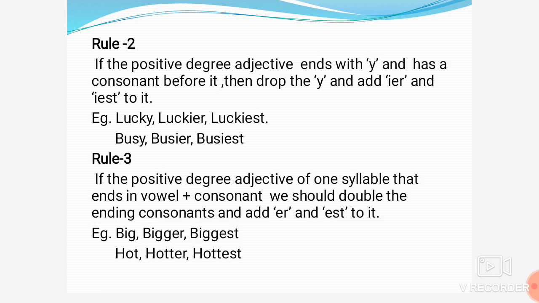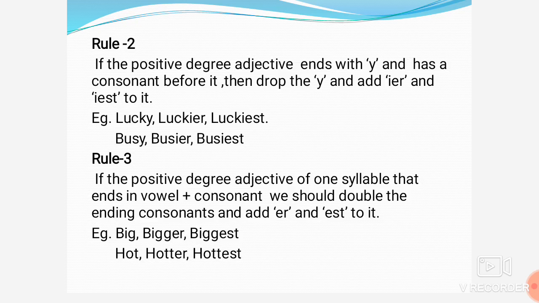This means if the positive degree adjective is a one syllable word and it ends with a vowel plus a consonant, then what we do, we double the ending consonant and add ER or EST.